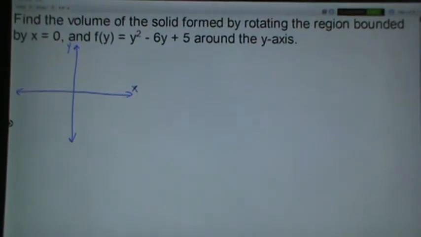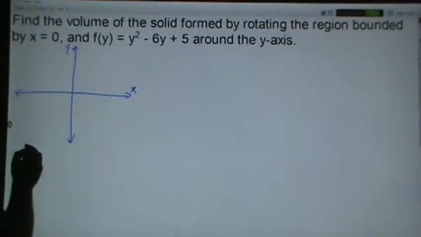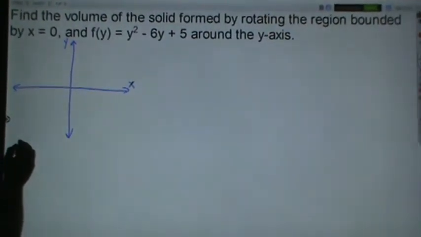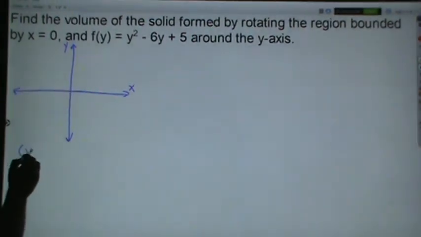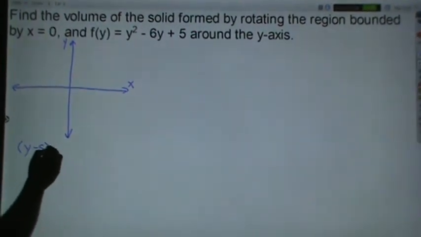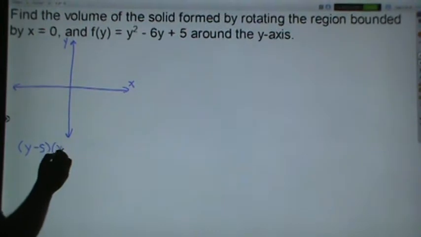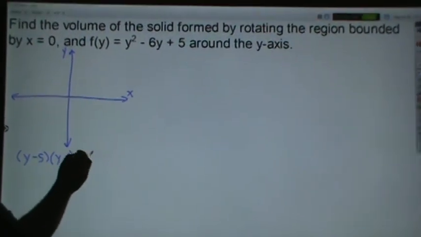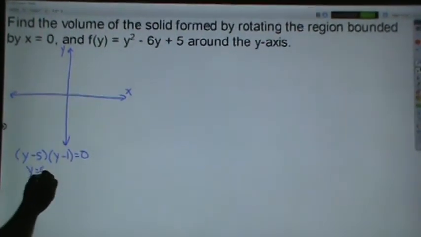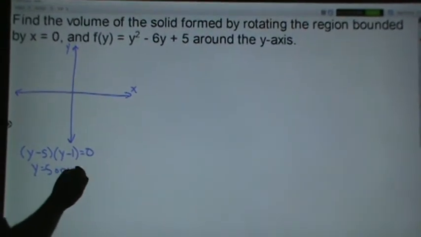When it comes to graphing this, I might factor that y squared minus 6y plus 5. So that'll factor into y minus 5 times y minus 1. So I'll have y equals 5 or y equals 1.